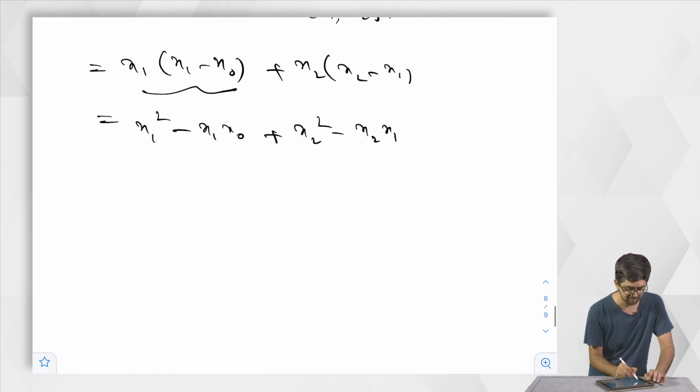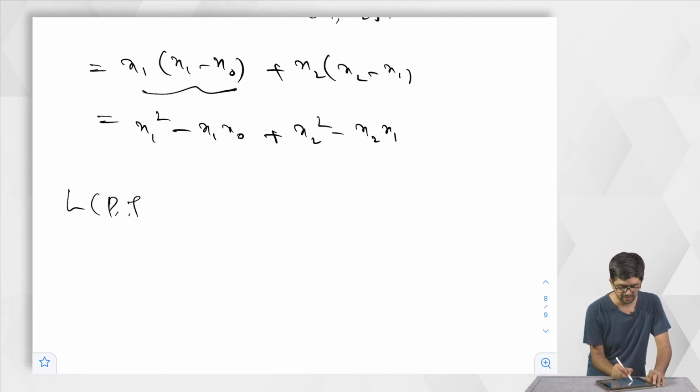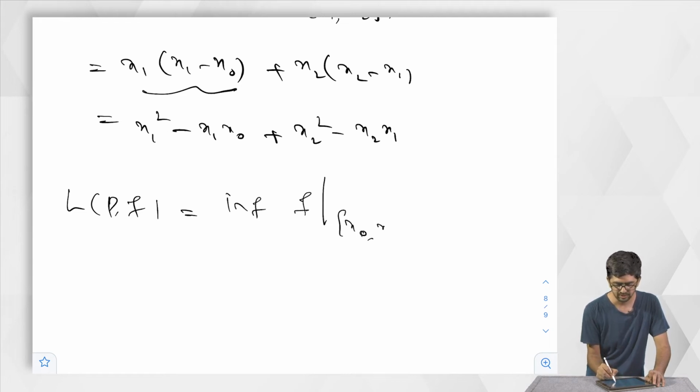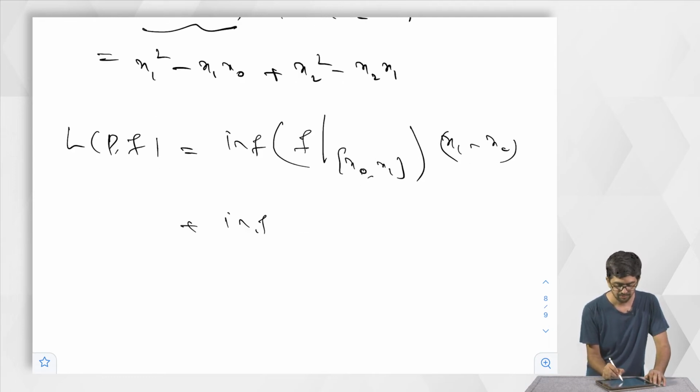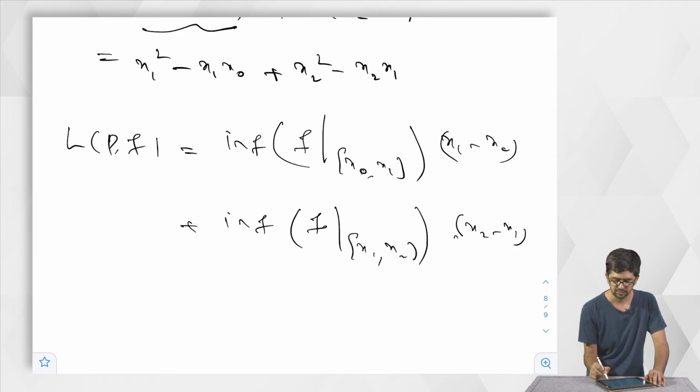Now let us check what is the LPF. LPF is equal to the infimum of f restricted to x0 x1 times x1 minus x0 plus the infimum of f restricted to x1 x2 times x2 minus x1.